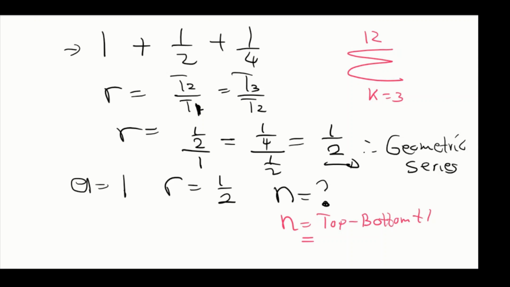The top is 12 minus the bottom, which is 3, plus 1. So our n is 10. Now that we have our n value equal to 10, we are able to find the sum of the series.